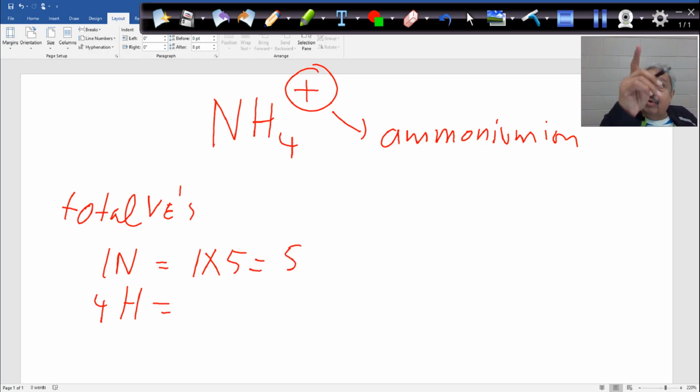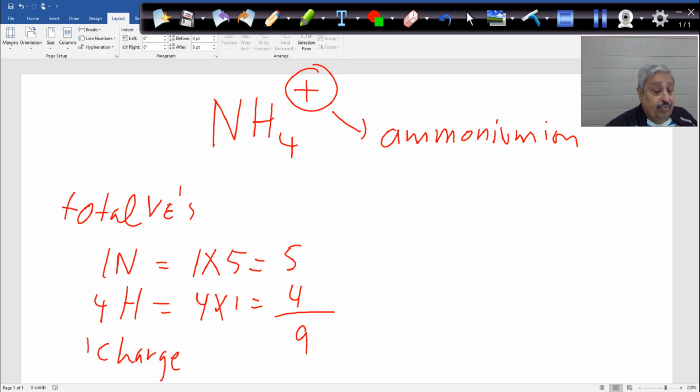Hydrogen is 1A, 4 multiplied by 1 is 4. This is an odd number, 9. But we have the charge, one positive, understood, not written. One electron lost, so it will be 9 minus 1. Total electrons are 8 VEs.